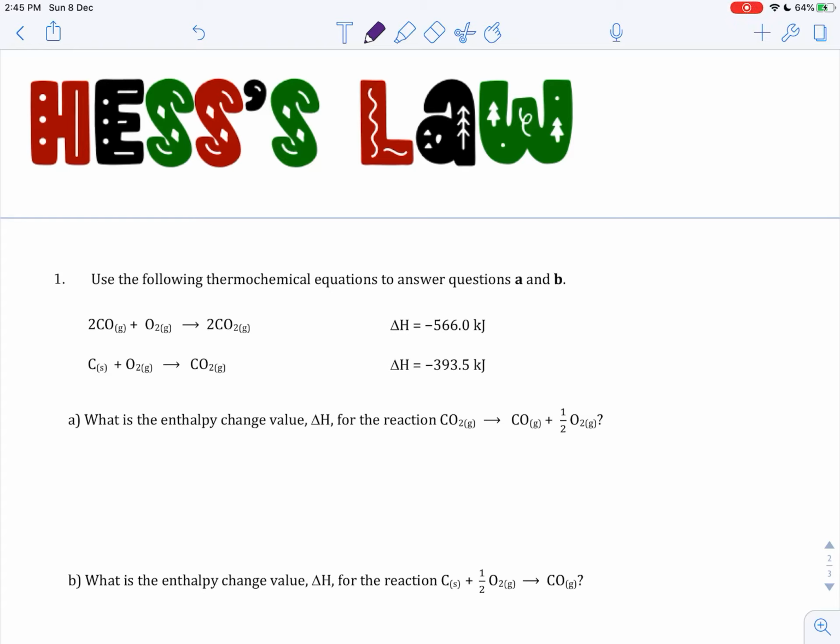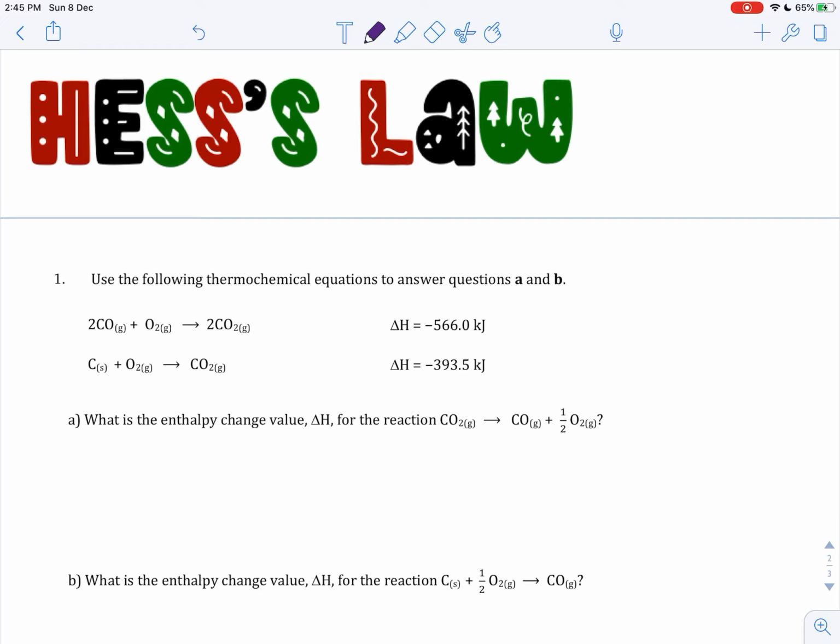Hess's law. Hess's law is a way to use two or more chemical equations to find the enthalpy of a final equation. So we're going to look at two different types of question here, question 1 and question 2, and they'll show you different types of questions that you could be asked.